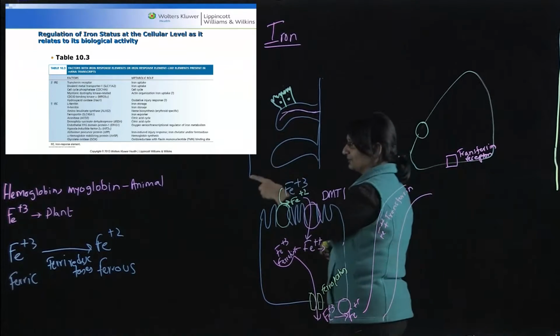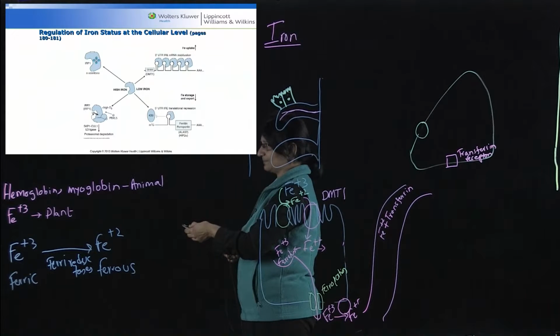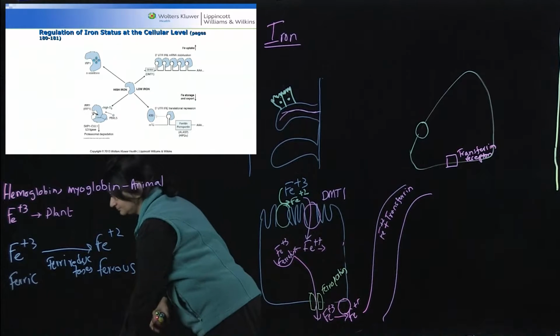The table in your textbook gives you some idea of how this happens, but this figure explains it much better.